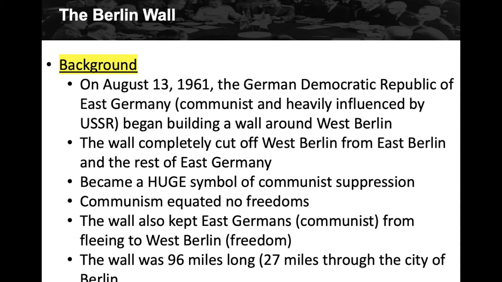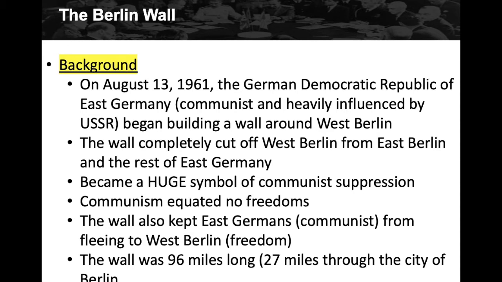They begin to build a wall around West Berlin. Remember, the city of Berlin is in East Germany. All of East Germany is communist. The city of Berlin is divided in half. The east part of Berlin is communist, just like East Germany. The west part of Berlin is a democracy, controlled by democratic powers.